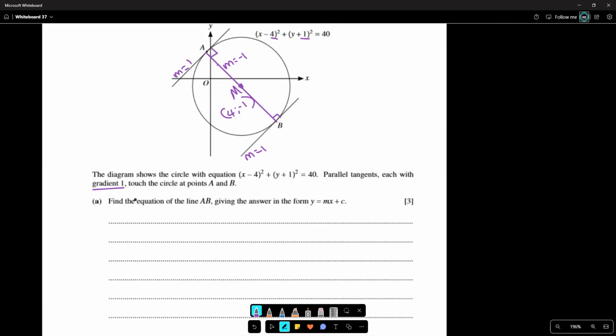Now they say find the equation of the line AB, giving the answer in the form. Okay, we are sorted. We know that the center is (4, -1). We have a point. And then m of AB times m of tangent, just show how you got it, né? You must get -1.